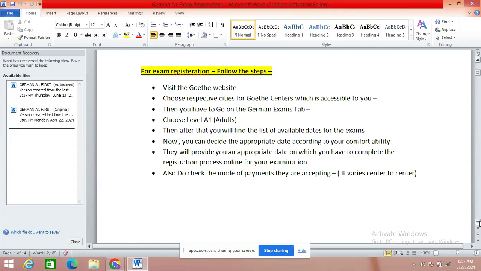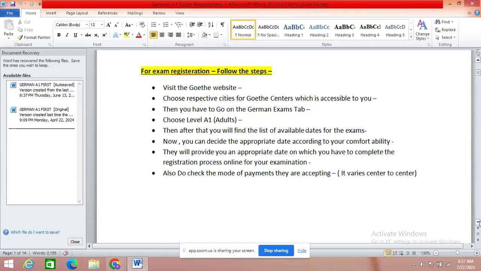And one important point is the mode of payment. Each Goethe center accepts different modes of payment. For example, some are going to accept UPI, some are accepting international cards, some are accepting the DD, the demand draft concept. So there are different criteria under the mode of payments that you have to check.